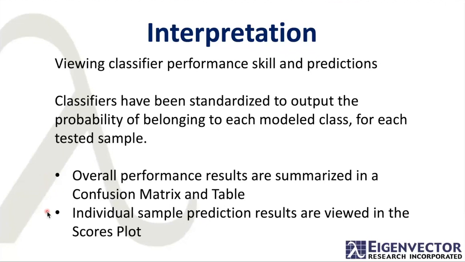In the case of KNN, we actually converted that to a probability of belonging to each class, just based on how many votes were associated with each class for that sample. And we have a wiki page which describes how that sample classification is done for each method.